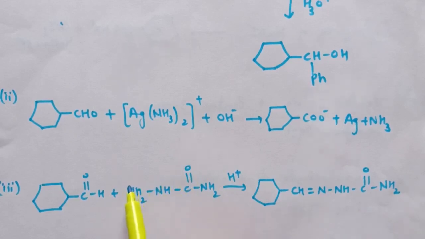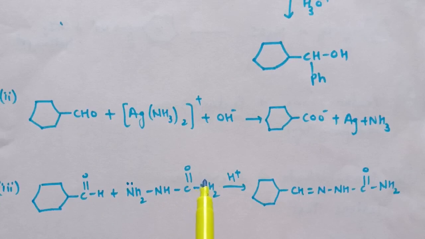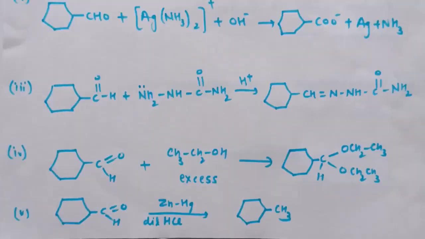Here this nitrogen will attack on this carbonyl carbon, because the lone pair of electrons of the other nitrogen is not available for the attack; these are involved in resonance with this carbonyl group. So the semicarbazone of cyclohexane carbaldehyde is formed.